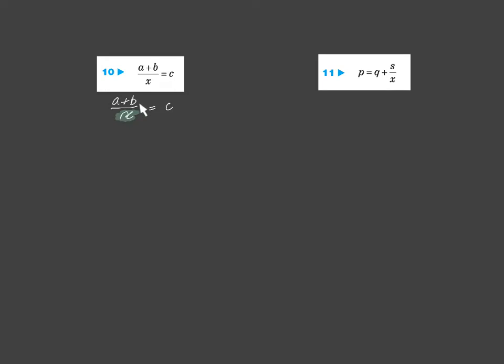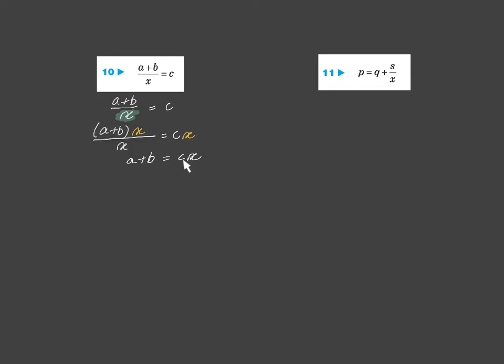The fraction line also operates like a bracket. Multiply the left by x and the right by x. On the left, x divided by x is 1, and so I have a plus b, and I don't need that bracket anymore, is equal to cx.